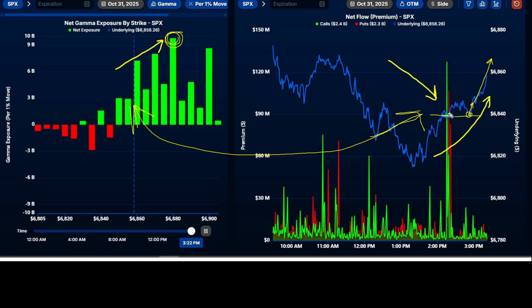Maybe this was a hedge, maybe this was a directional position. But remember that the options market is mostly for hedging, not for directional positions. Remember that in the options market, they trade volatility. They don't trade directionally.